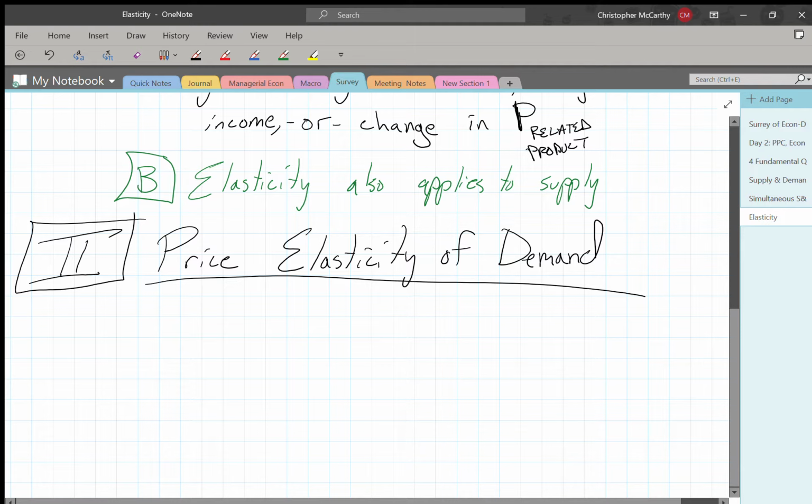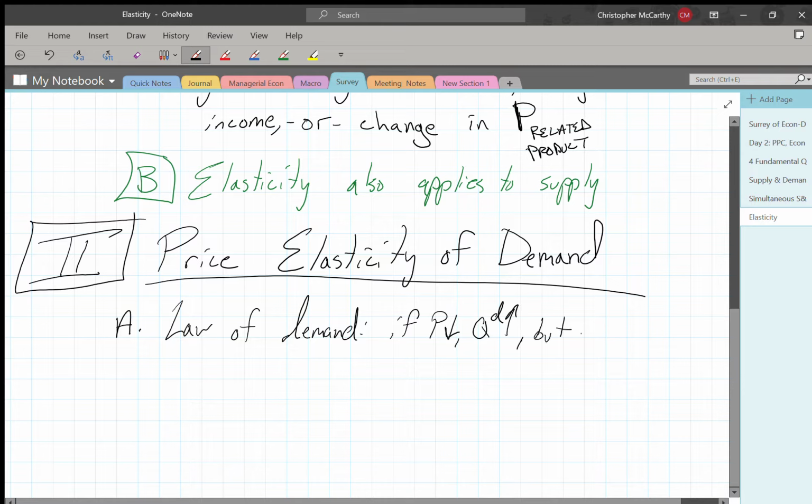So we already know the law of demand already tells us that if the price decreases, the quantity demanded is going to increase. But the question is, by how much?